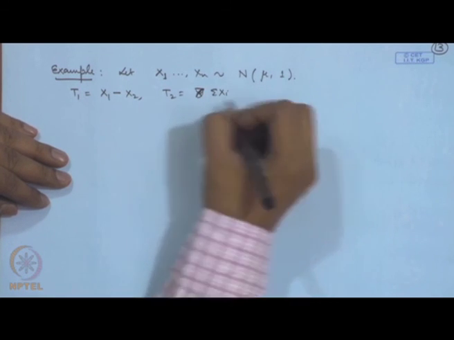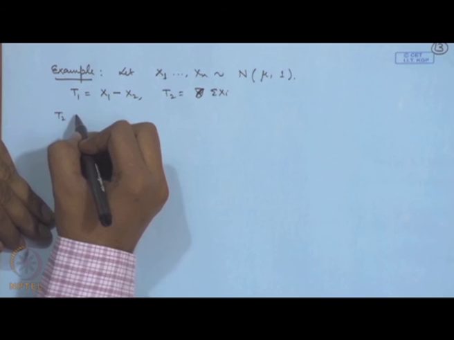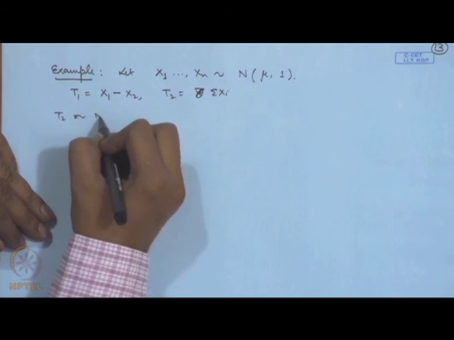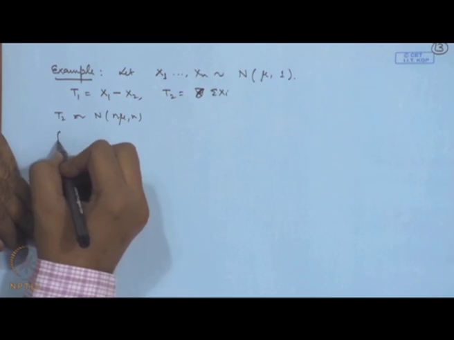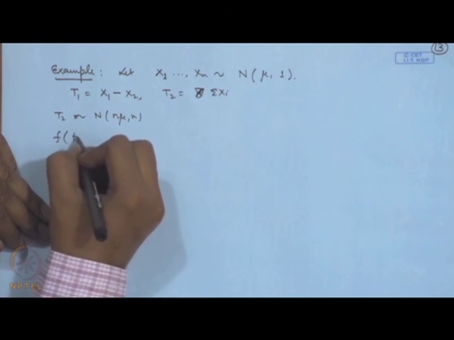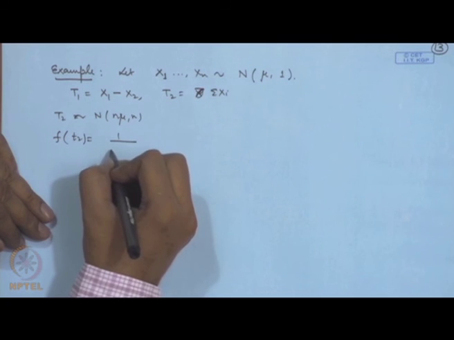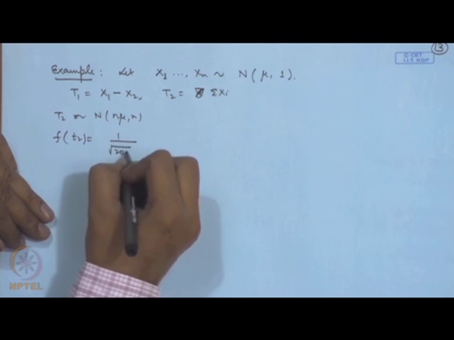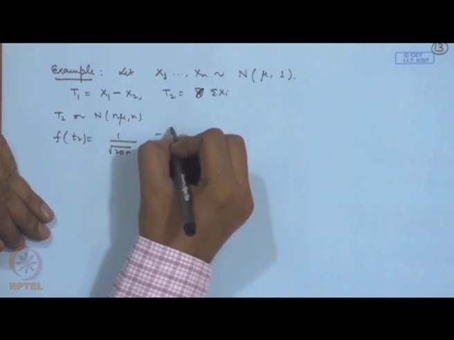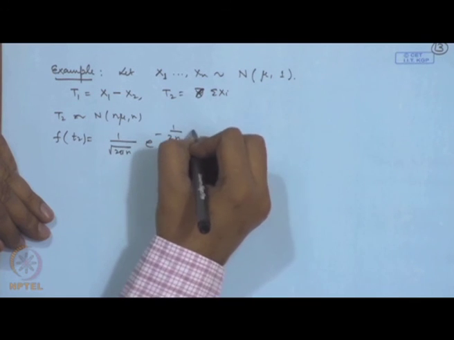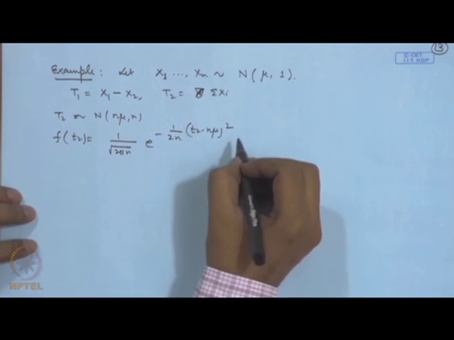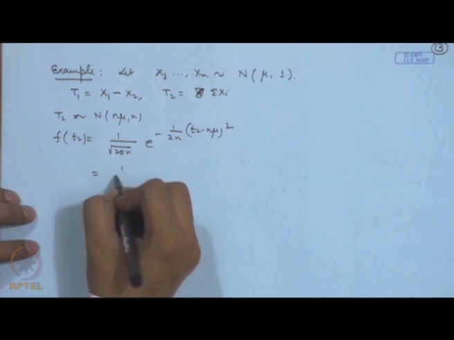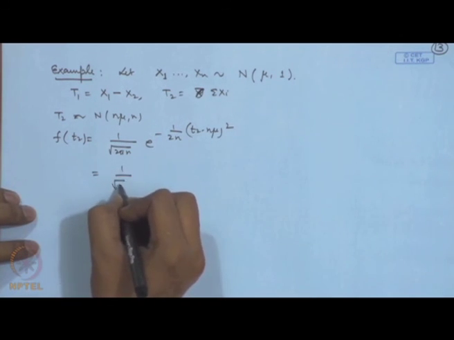So, what is the distribution of T2? T2 will have normal (nμ, n). So, if you want to write down the distribution of this, that is equal to 1 by root 2πn e to the power minus 1 by 2n (T2 minus nμ) square.